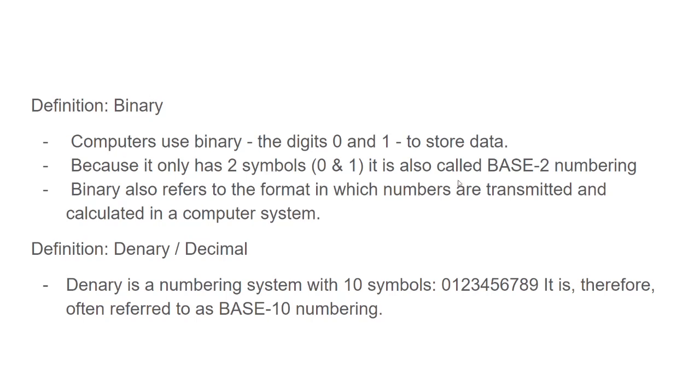Binary is a base 2 numbering system because there are two possible inputs or outputs, 0 and 1. Denary or decimal is a base 10 numbering system because it has 0 to 9. 0 is also counted as a symbol. For binary also, 0 is a symbol.